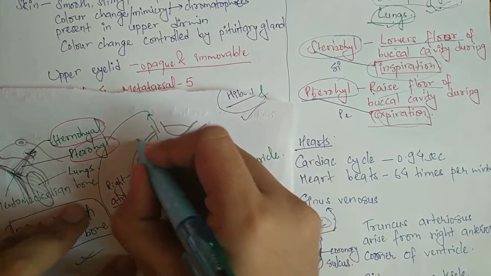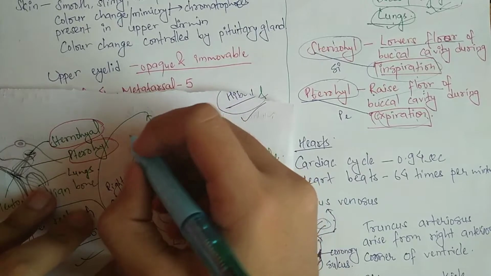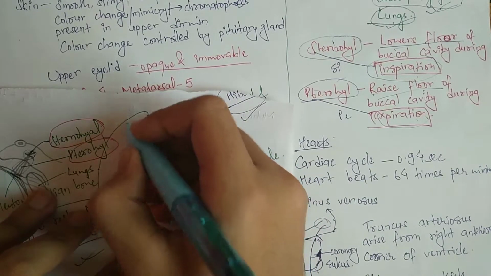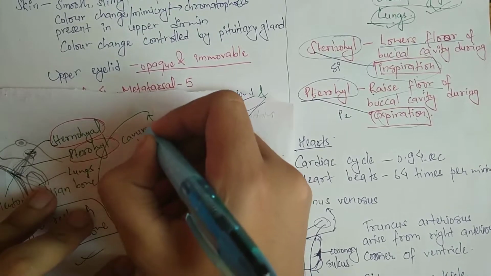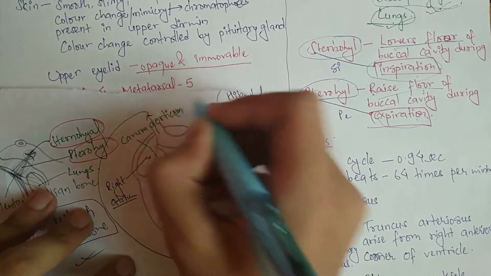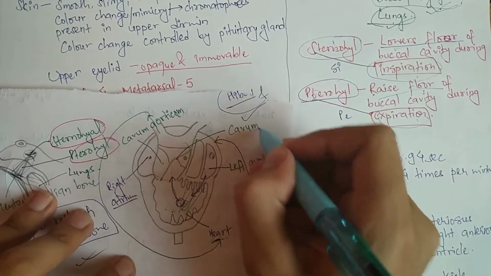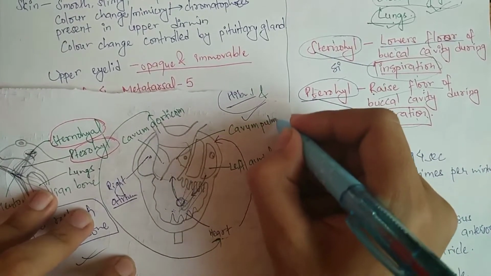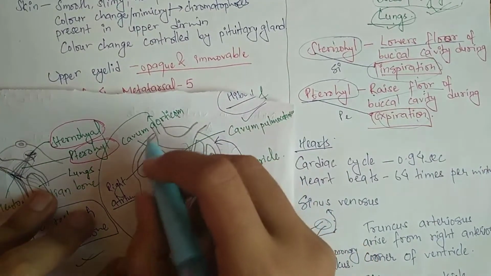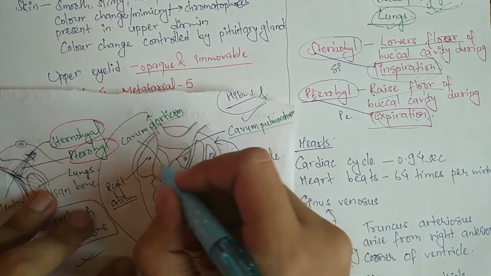The right part is called cavum aorticum, and the left part is called cavum pulmocutaneum. Cavum aorticum and cavum pulmocutaneum, this part and this part.